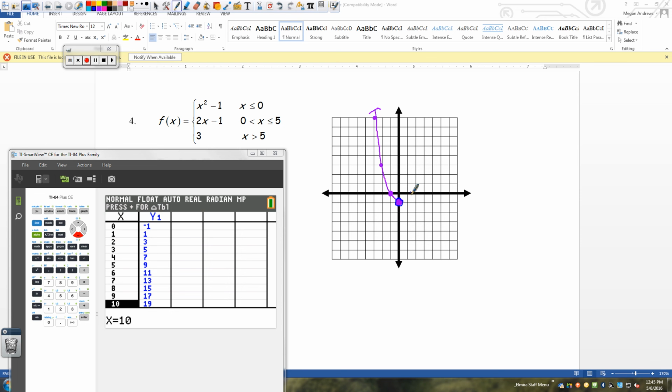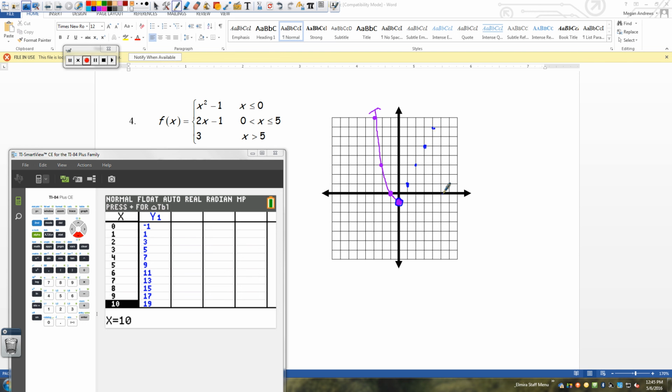And then 1, 1. 2, 3. 3, 5. We can kind of start to see a pattern. 4, 7.